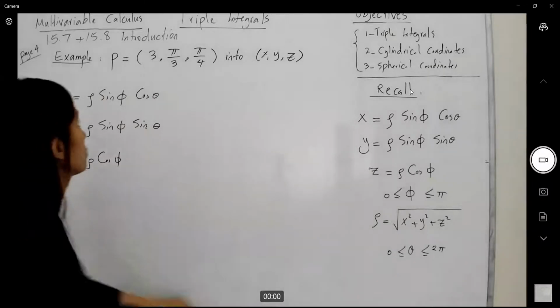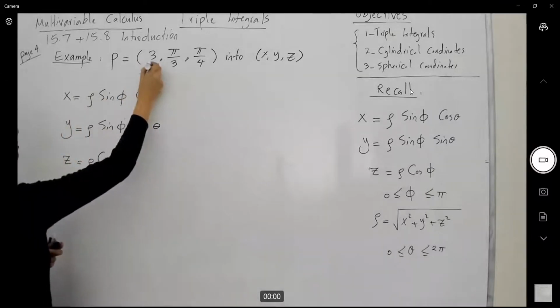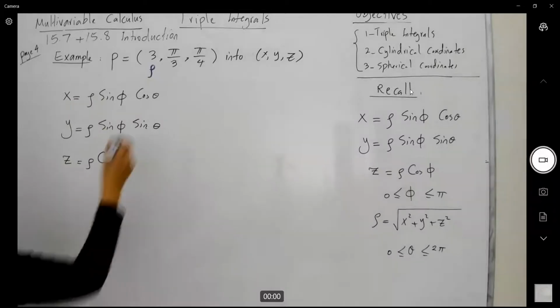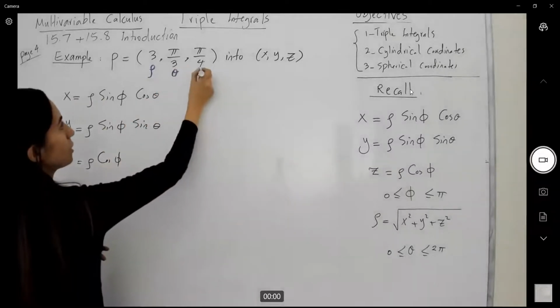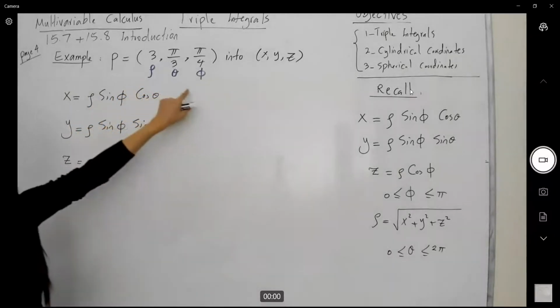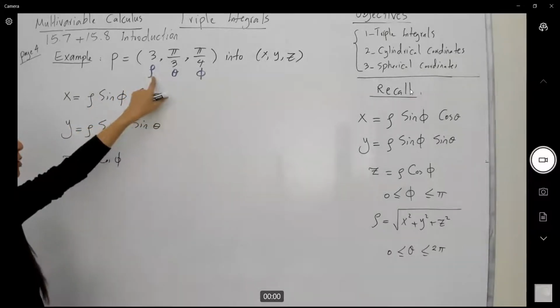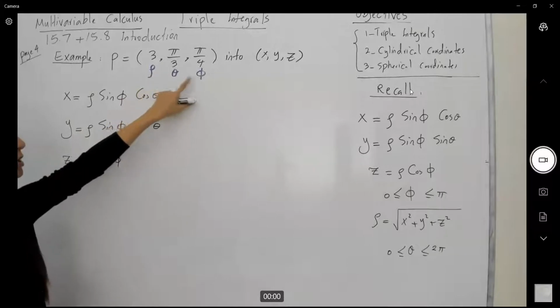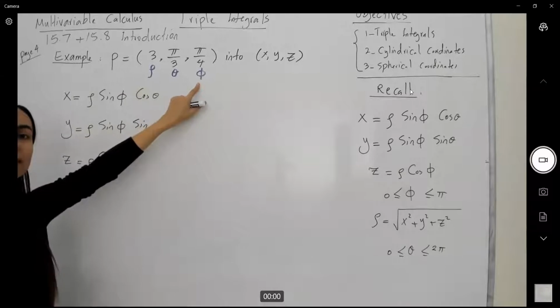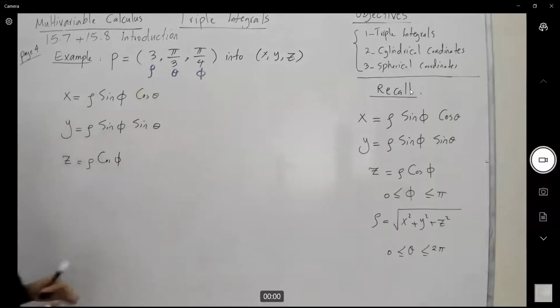So suppose you have your rho and theta and your phi in spherical coordinates. This is the order that we usually represent the point: rho, theta in the xy plane, and phi, the angle that the point makes with the positive side of the z-axis.